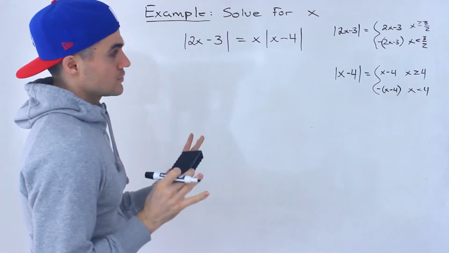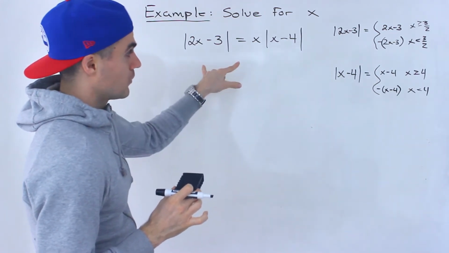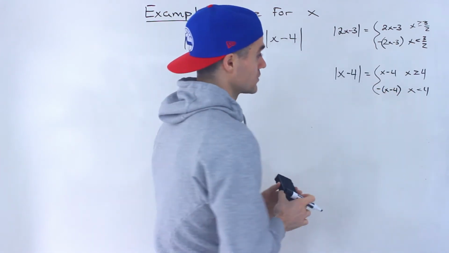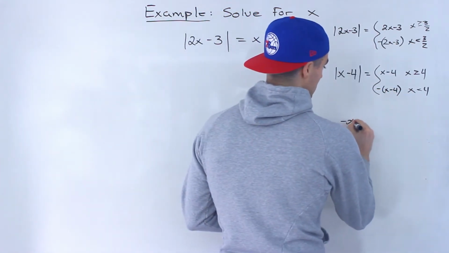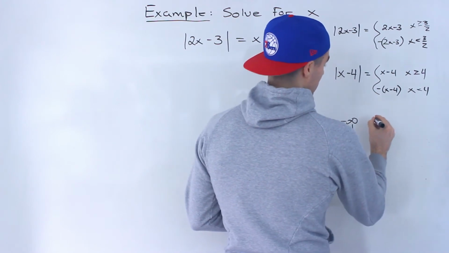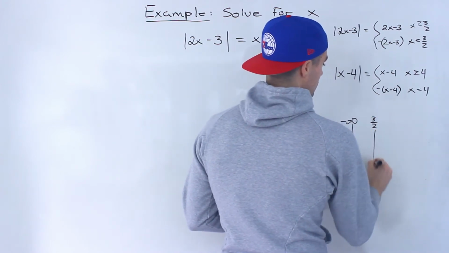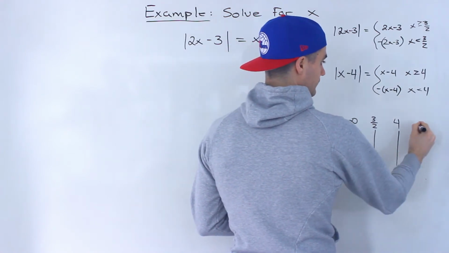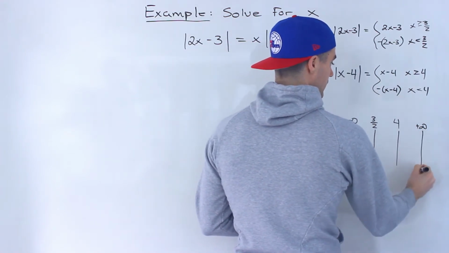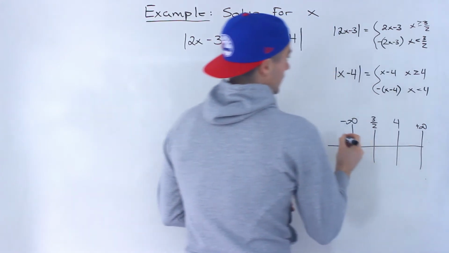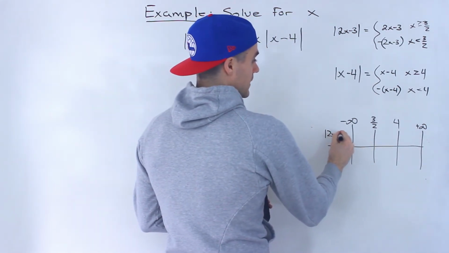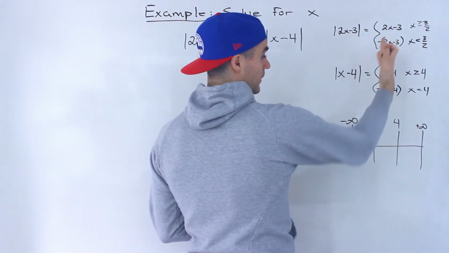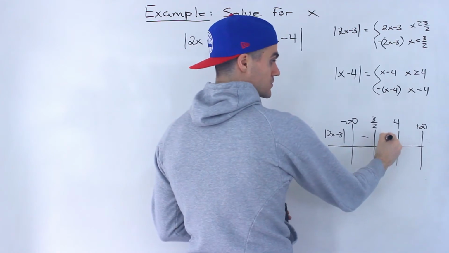Notice that the two breakpoints we're working with for this equation are 3 over 2 and 4. So if I put these in a sign chart, 3 over 2 is less than 4, and then we have positive infinity. The absolute value of 2x minus 3 is going to be negative on this interval, but when x is greater than 3 over 2, it's going to be positive.